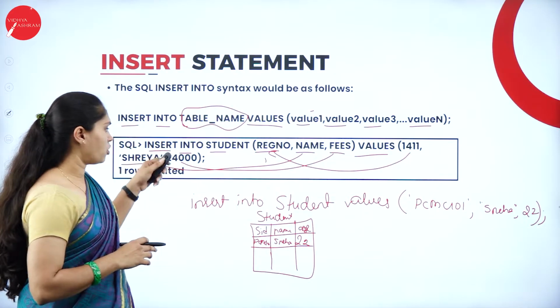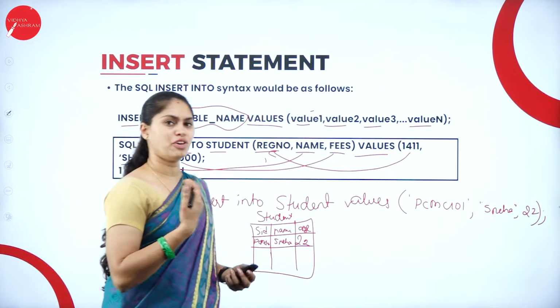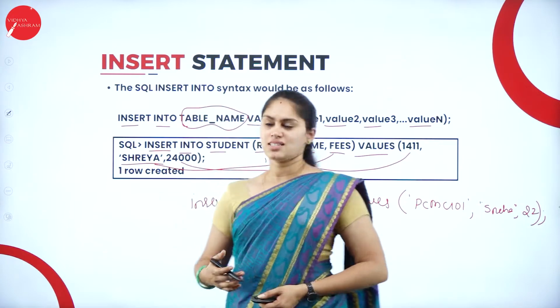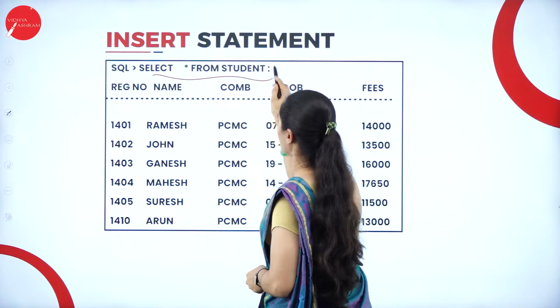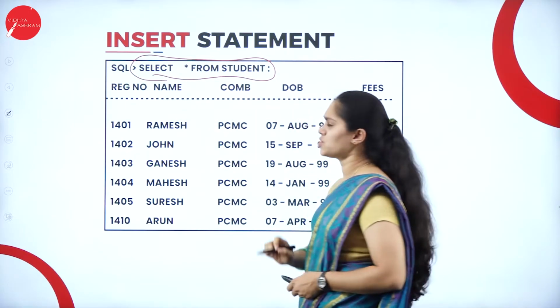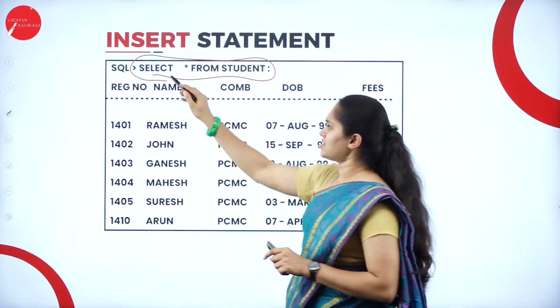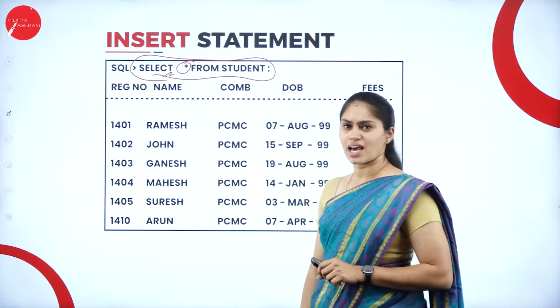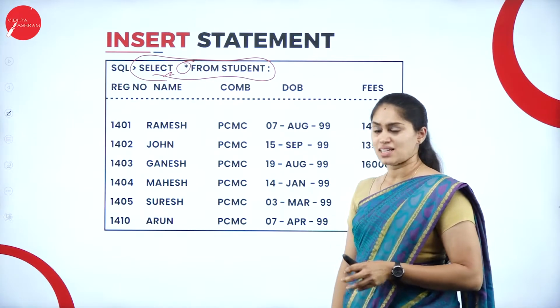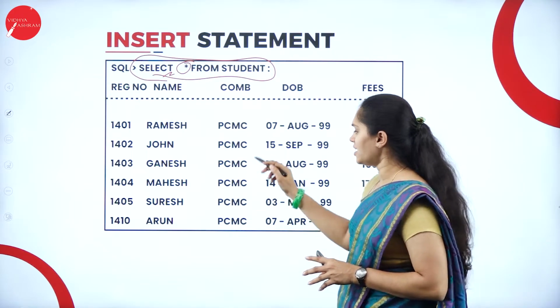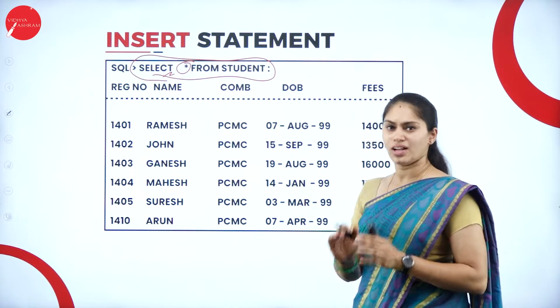If I want to have a certain number of rows or tuples, this is how it looks after the insertion when I type this command, that is select star from student. You will get to know what select is, when we use this star, and how to write a statement like that. Here I have inserted 6 tuples or records.